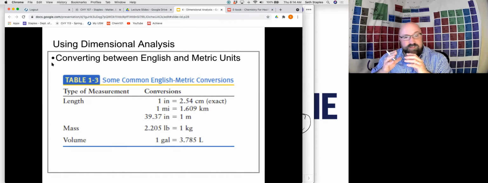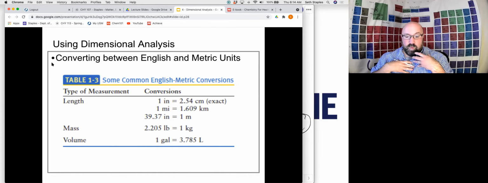Sometimes we can use dimensional analysis in order to convert between English and metric units. Some of the examples we're going to see in just a minute are a great example of this, where dosages for medications are quite often given in terms of milligrams of the drug divided by kilograms of body weight of the organism receiving the medication.